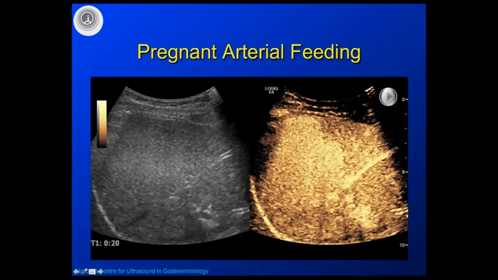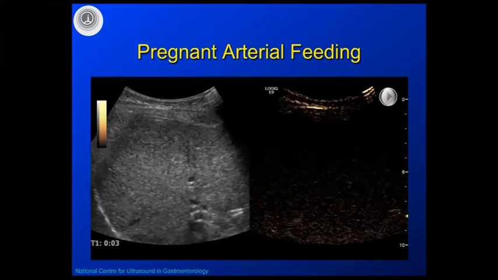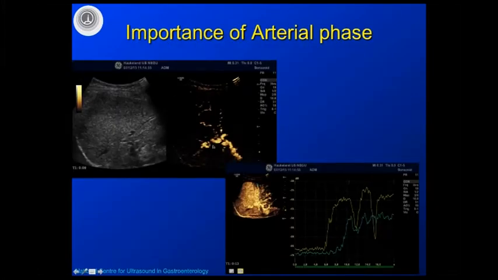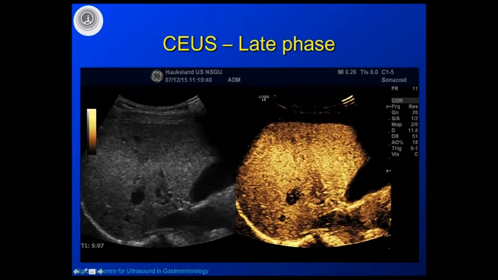Very prominent arterial feeding in this case. And here you can see it in the very early arterial phase, subcapsular artery there, and a very marked feeding artery. And this is the late phase. There is no washout, so this tumor appears to be benign.